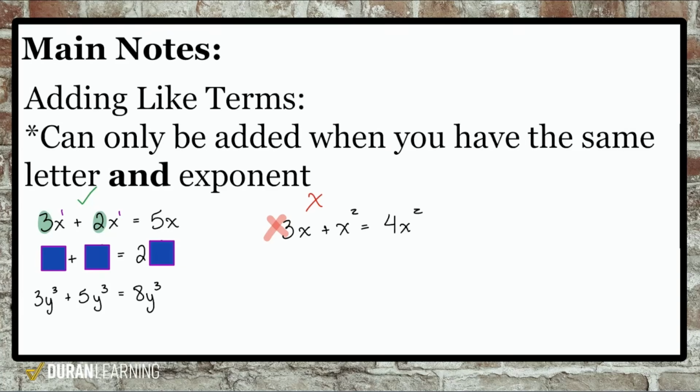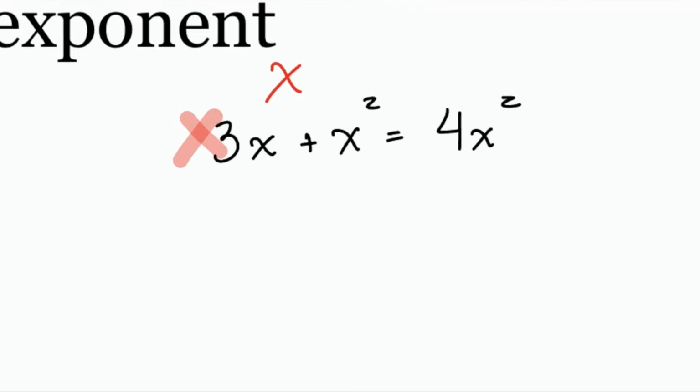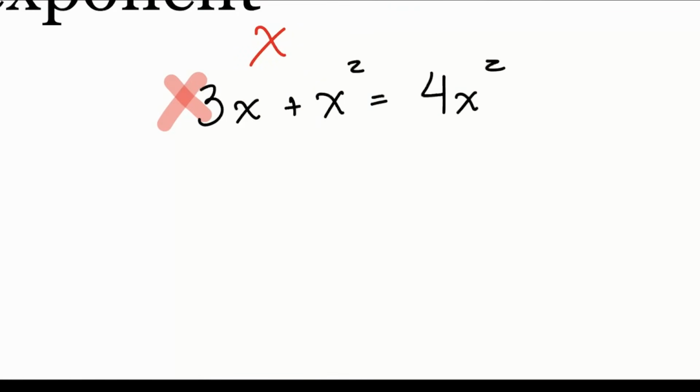So let me just read through these questions here real quick. So what happens when the exponents are different? So I'm going to do that example right there, Maravnia. Let's go through that example. Let's say we have 5x cubed plus 6x to the power of 5. Let's see what's wrong with this. All right, everybody.